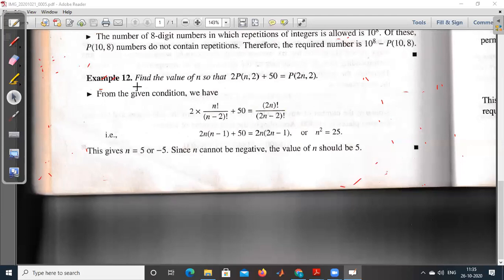Students, to find the value of n so that 2 into P of n comma r, permutations of P of n comma r.